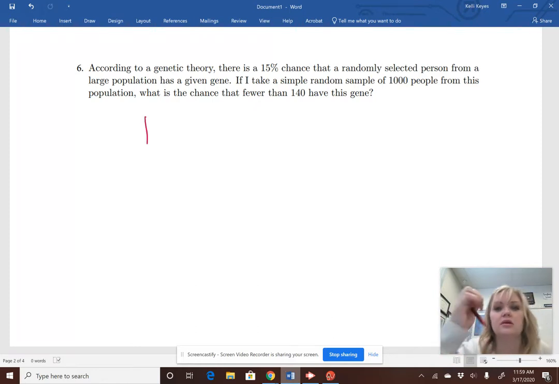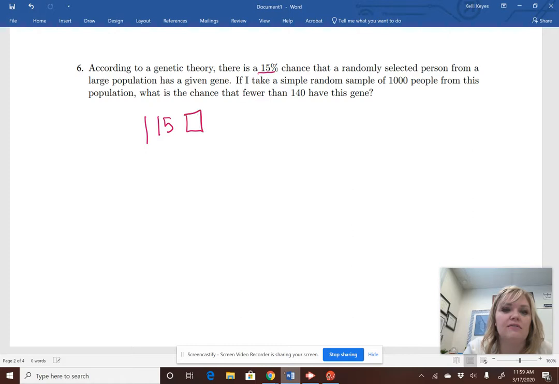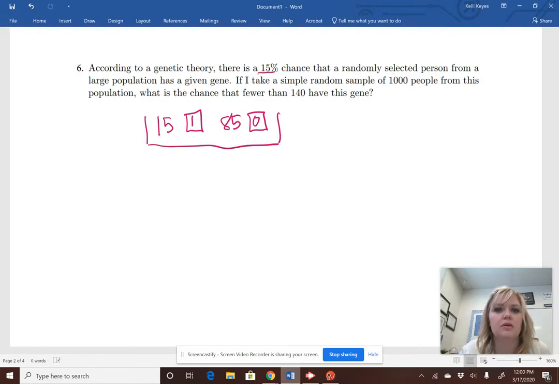There's not just one correct way to set this up, but like I did before with percents, I think it's easiest to make it out of 100 tickets. So 15 of them have a 1 on the ticket because we're counting those, and the remaining 85 do not have the gene, which would be 0. So 15% have it, 85% do not, and we're only counting those that have it.